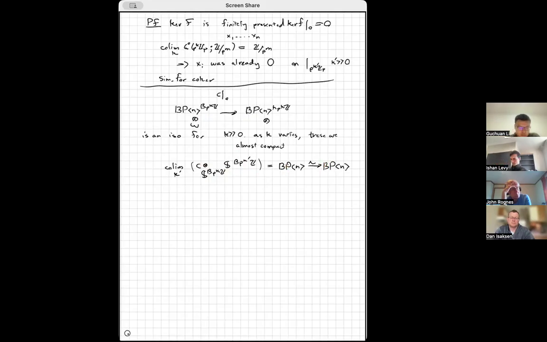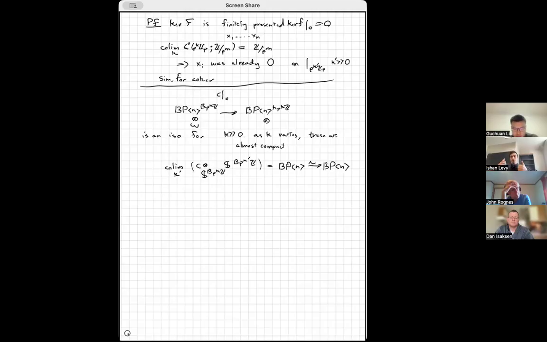And so the point is that if you have two compact modules over a ring, and you know that in some filtered colimit of base changes they became equivalent, then that equivalence has to happen at some finite stage. And so the same principle applies for almost compactness.